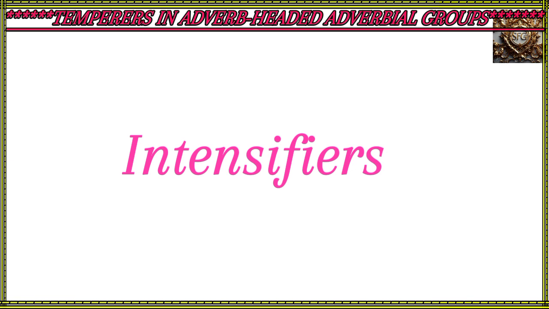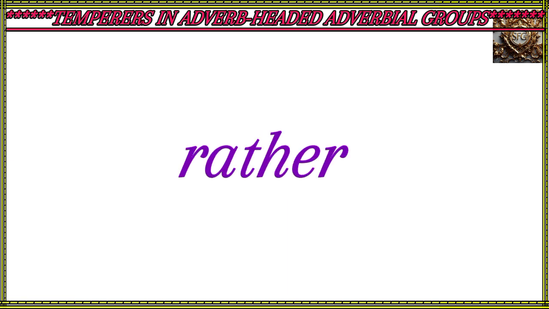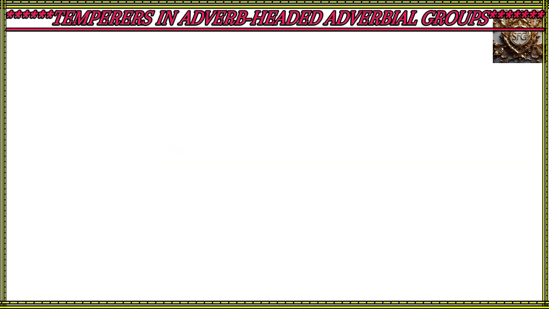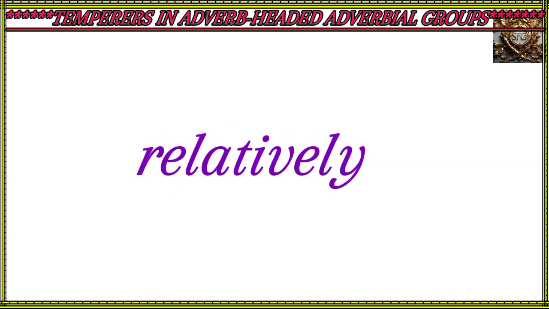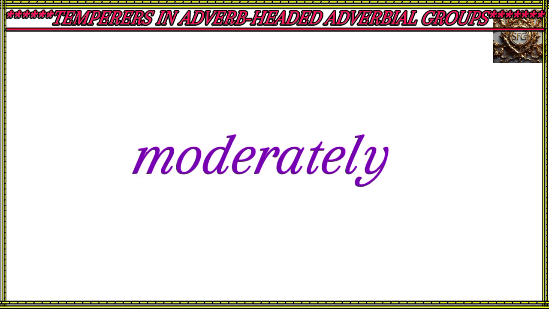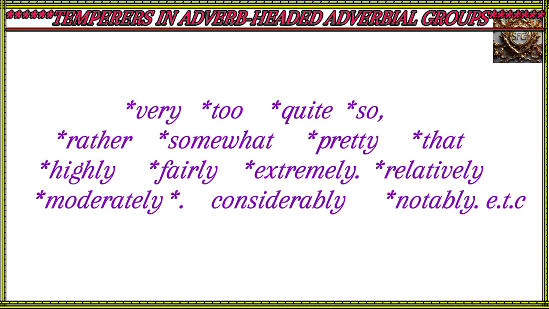Intensifiers. Common intensifiers that can act as temporers include very, too, quite, so, rather, somewhat, pretty, that, highly, fairly, extremely, relatively, moderately, considerably, notably, etc. Let's examine these intensifiers in sentences.